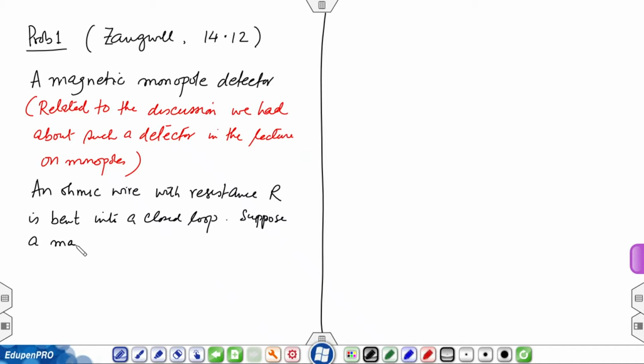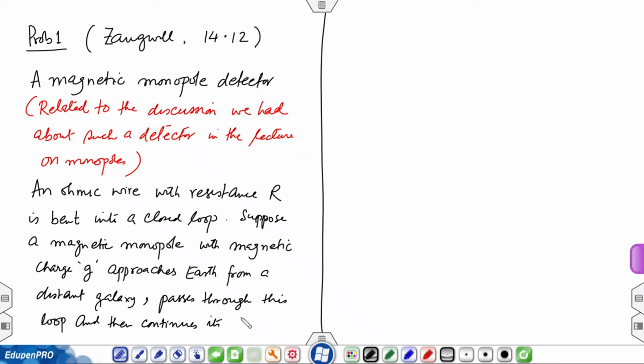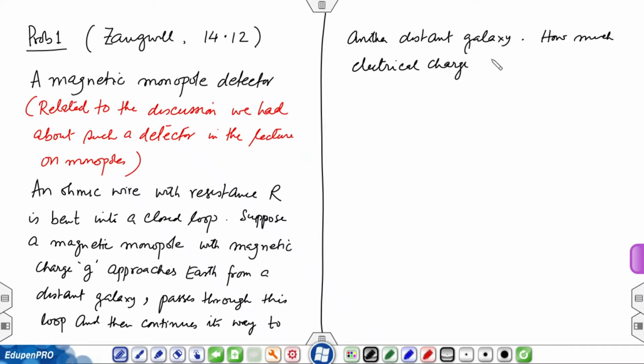Suppose a magnetic monopole with magnetic charge G approaches Earth from a distant galaxy, then it passes through this loop and then continues its way to another distant galaxy. The question is how much electrical charge flows through the ring during this process.